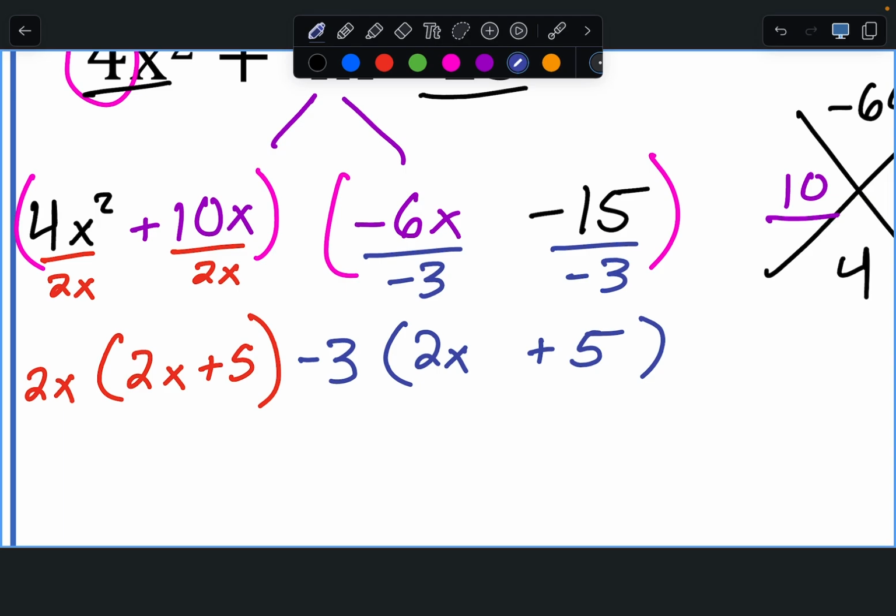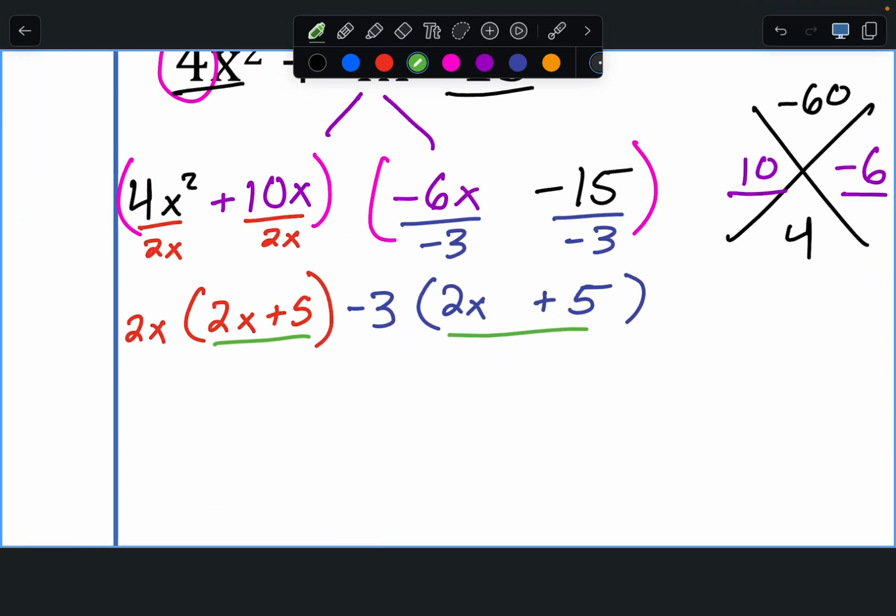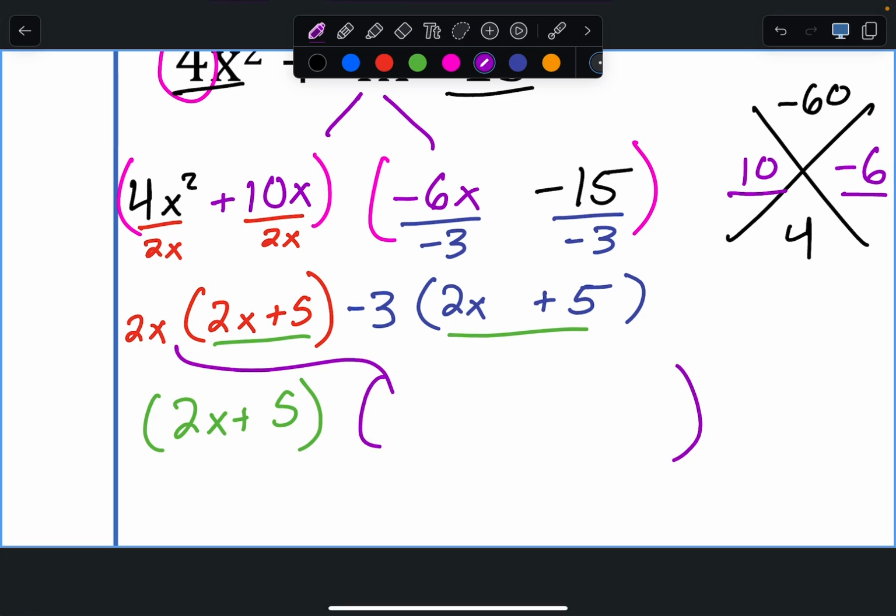Do my parentheses match? Yes, right? 2x plus 5 and 2x plus 5. So now that 2x plus 5 comes out, and then remember, whatever's left over goes inside your second group. So I get 2x minus 3.